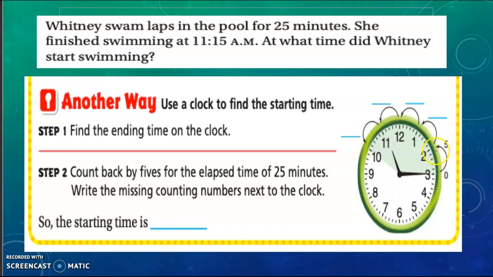I start at 0, count 5, this would be 10, this would be 15, this is 20, and this is 25. Since my minute hand is going past 12, my hour hand is going to go back an hour to 10, and my minute hand is also going to point at 10. So my time is going to be 10:50.